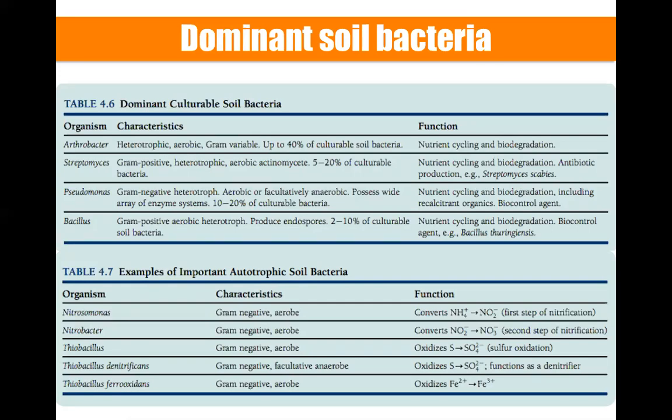It is important for nutrient cycling and biodegradation. We have Streptomyces, a type of actinomycete involved in biodegradation as well as antibiotic production. We have a lot of Pseudomonas and also Bacillus. These four types of organisms are easily found in soil, and you can culture them on plates.